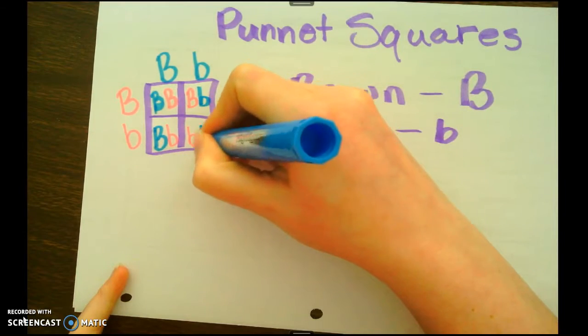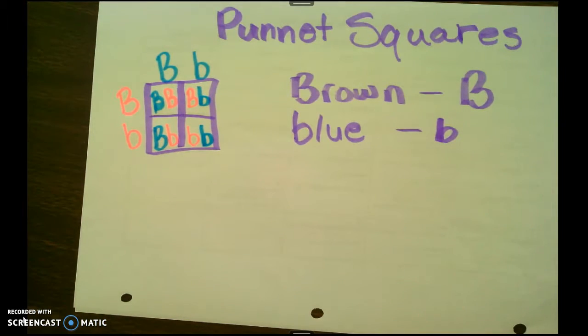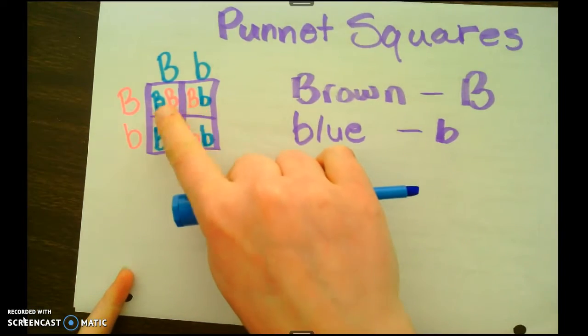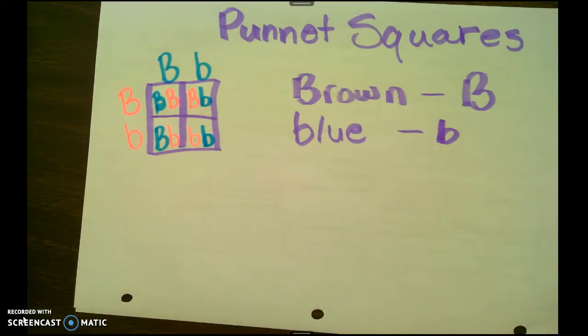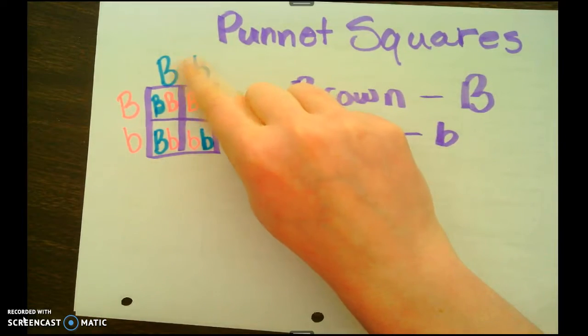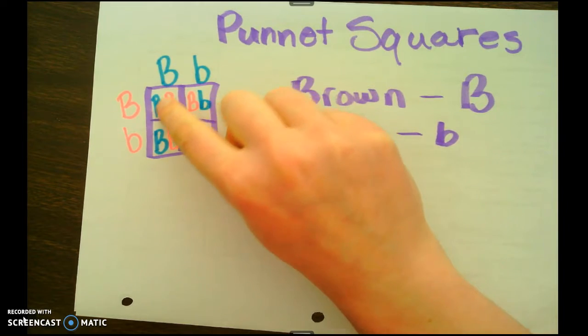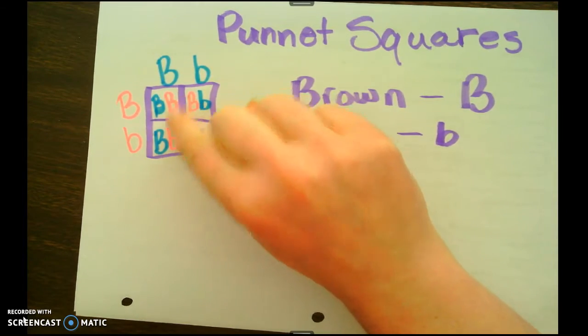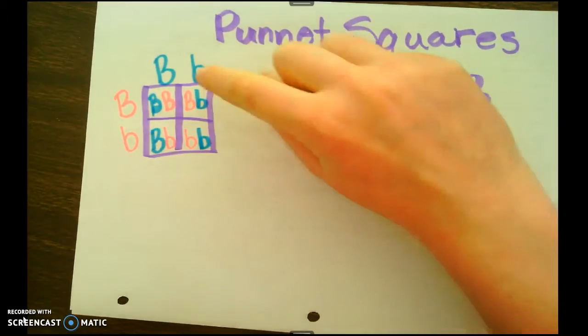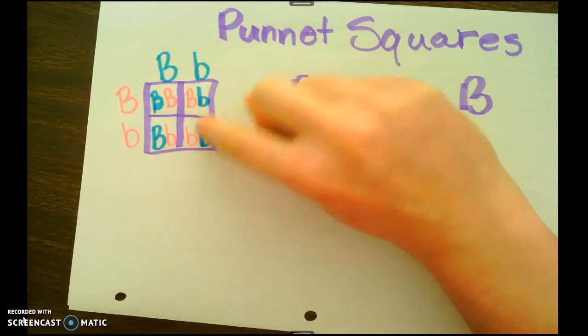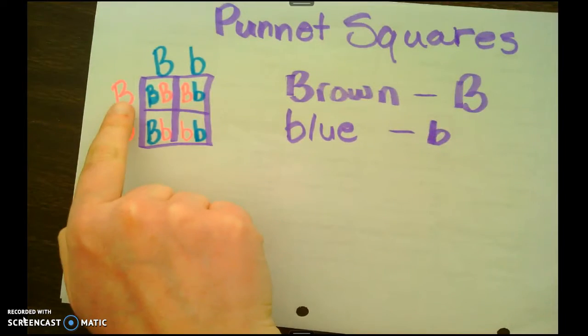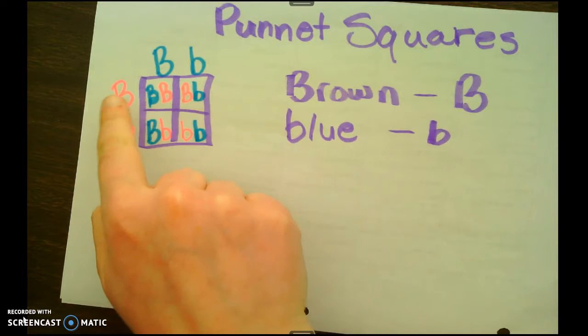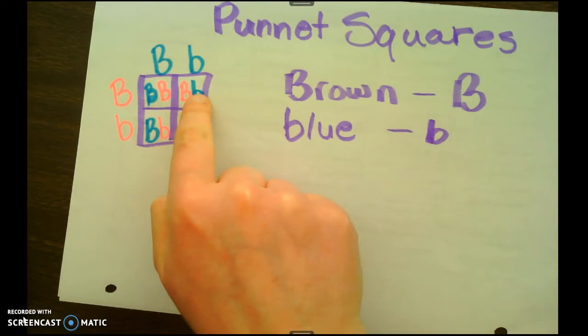Now, I'm using 2 different colors so you can see where these alleles are coming from and how we got these genotypes. But what's happening is the letters on top drop down into both of these boxes. So I've got big B, and this one is little b. And the letters on the side go across. So I'm going to place one big B here and one big B here.